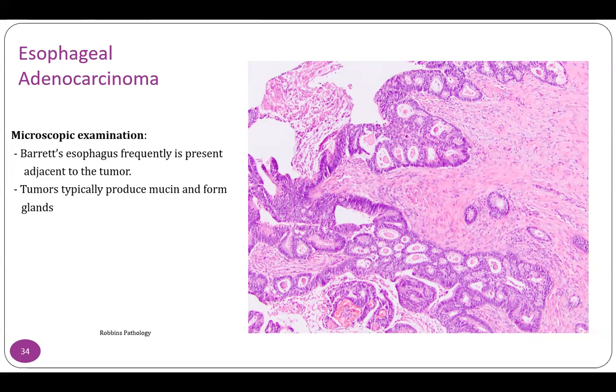This picture was taken from the colon. So it's the same, adenocarcinoma is the same in the stomach, in the esophagus, the colon, and so on. What's important to know is the diagnosis, then the grade: low grade, moderate, high grade carcinoma. So this is all about adenocarcinoma.